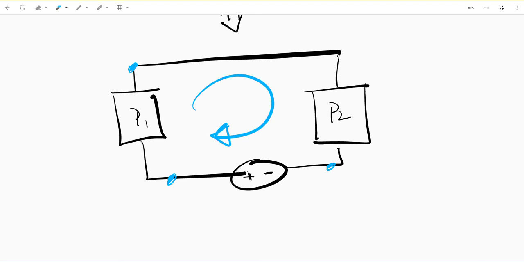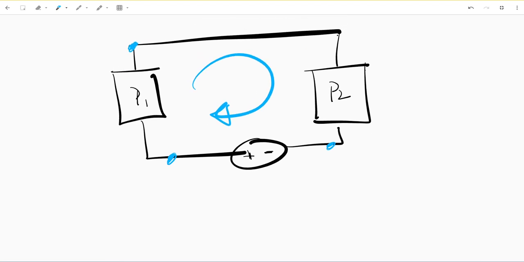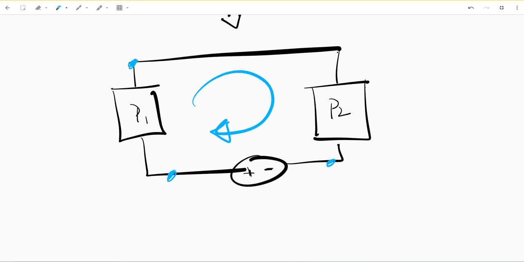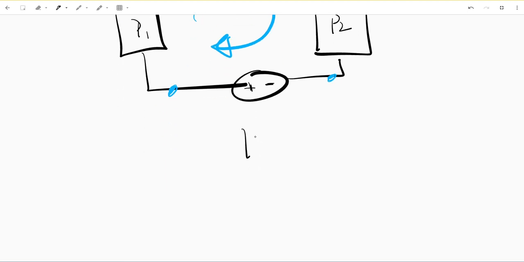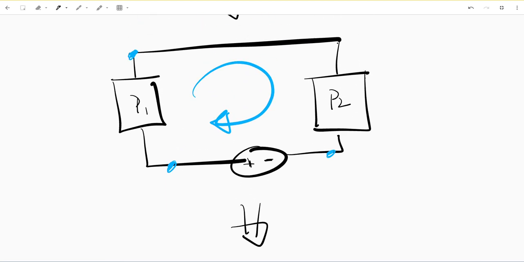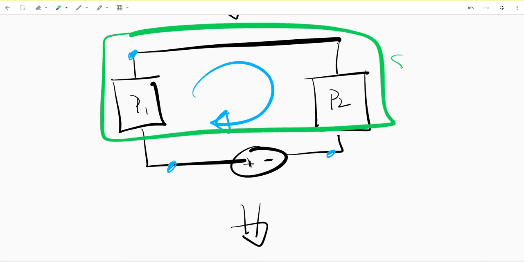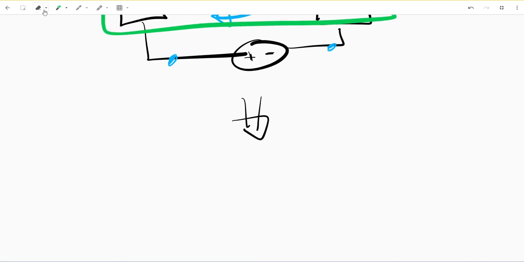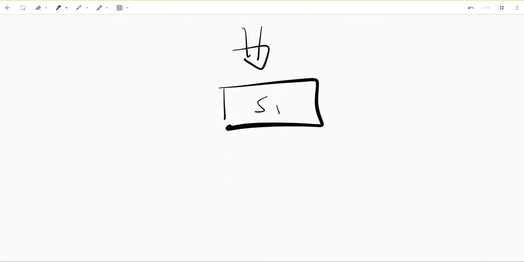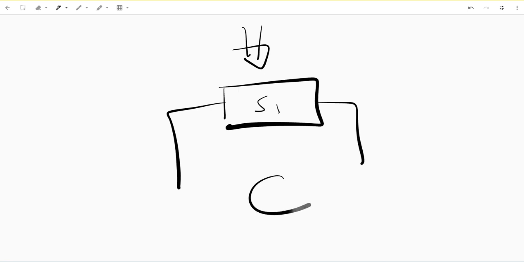So we can now say that this is an in-series combination. So we can actually just write our schematic for simplicity as if we say that this is S1, in series 1, we could generalize our schematic to be S1 in series with plus minus our voltage source.